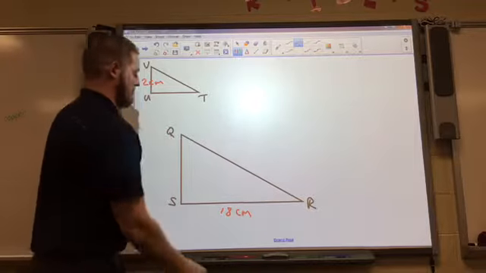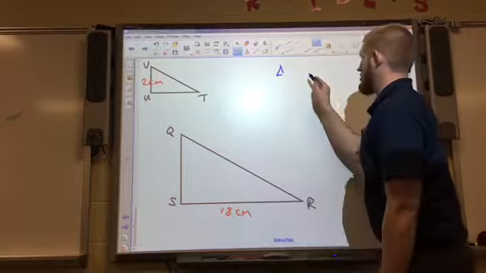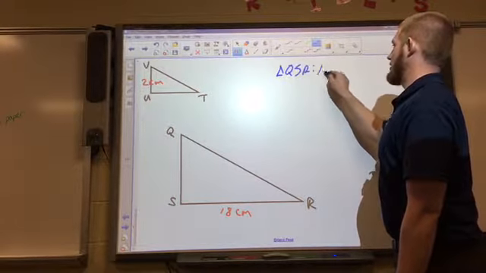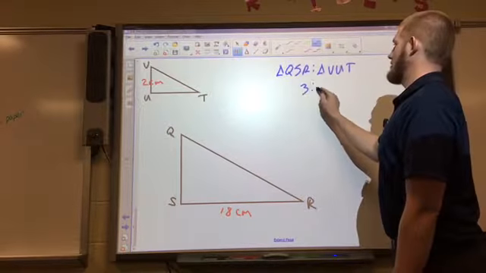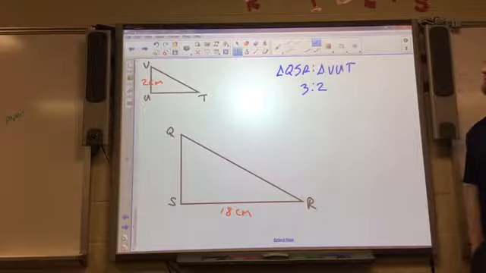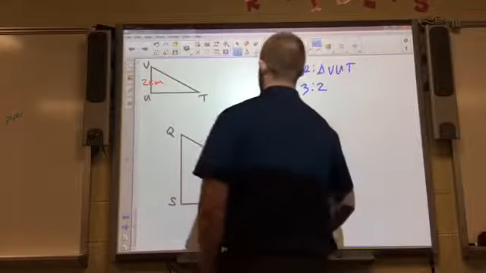Okay, they also told me that the ratio of triangle QSR to triangle VUT is 3 to 2. They want to know what are the missing lengths.